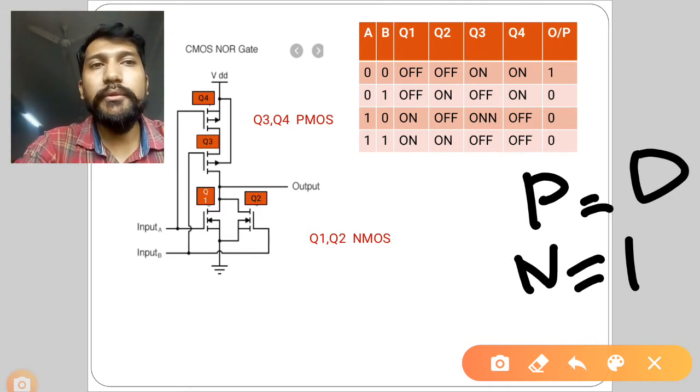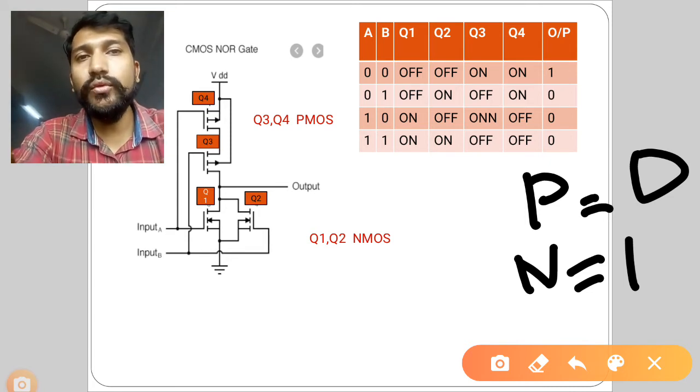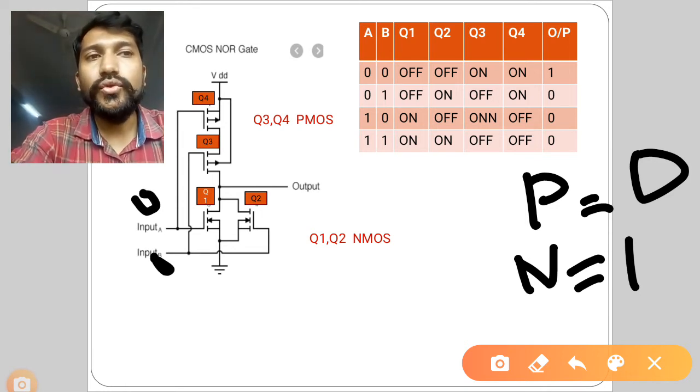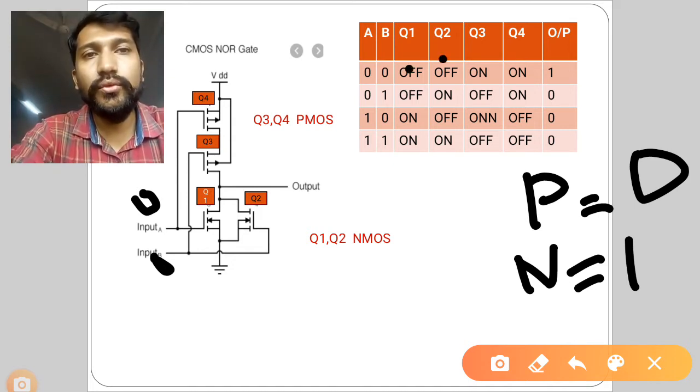Now A and B are inputs, so different conditions: 00, 01 and 10. Let us start with our basic condition. Both will be 0, so my A and B both are 0. When A and B both are 0, your NMOS will be in off condition. Let us see whether it is in off or on condition. Yes, it is in the off condition, Q1 and Q2.